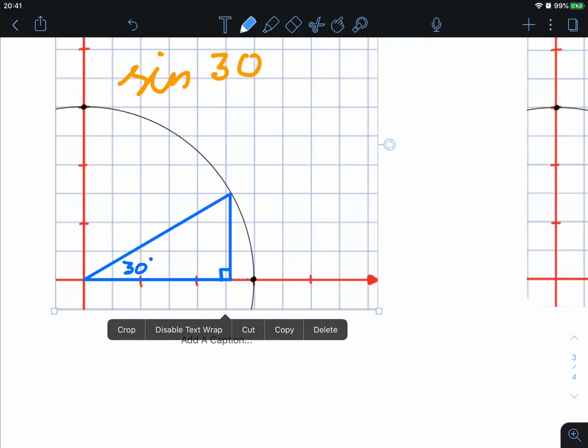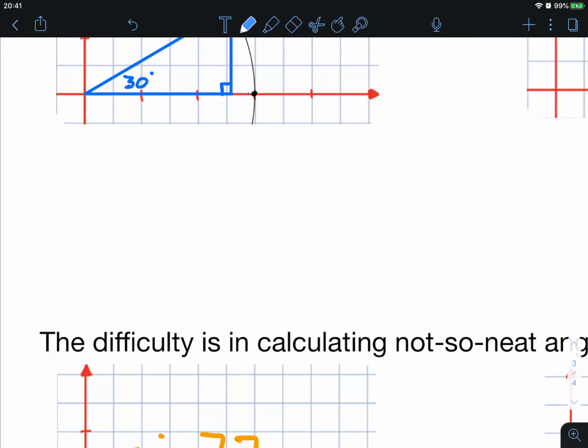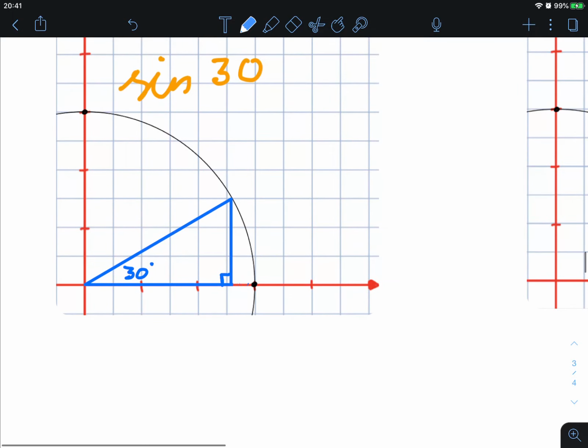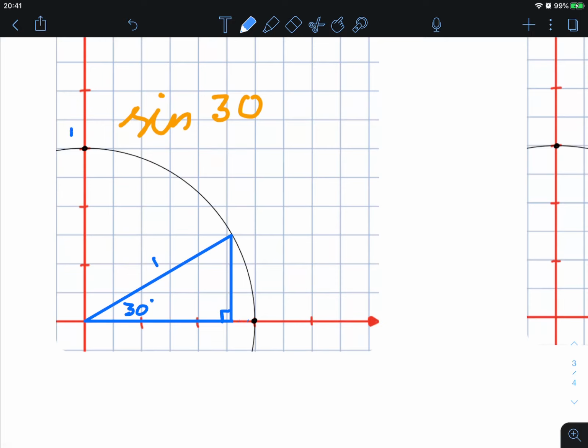Now remember, this is a unit circle, which means we have a length of 1 on the hypotenuse. And now we said that sine 30 is the measurement of the y, the opposite of this angle. From the looks of this, well, remember this is 1 and that's a length of 1.